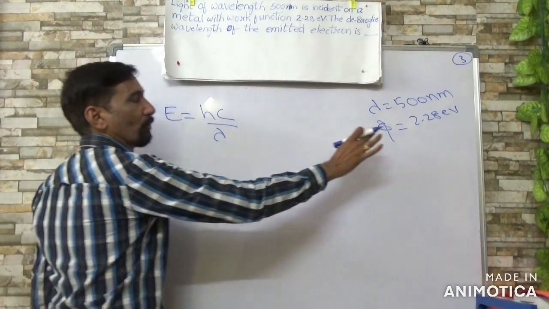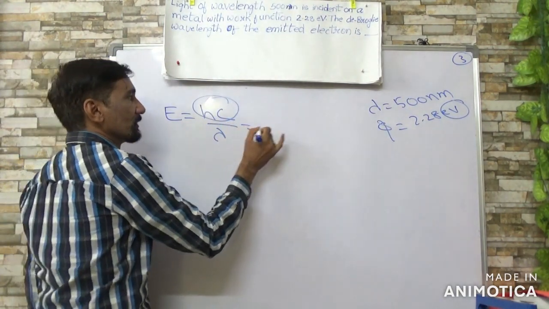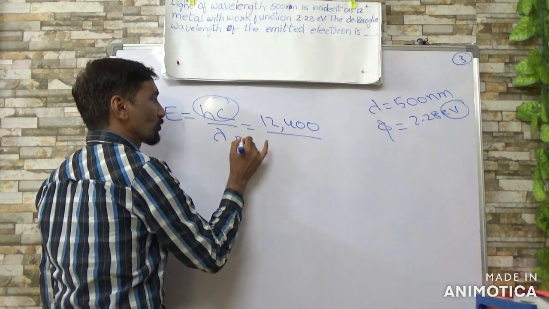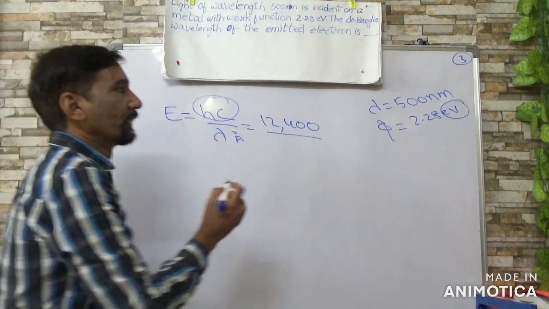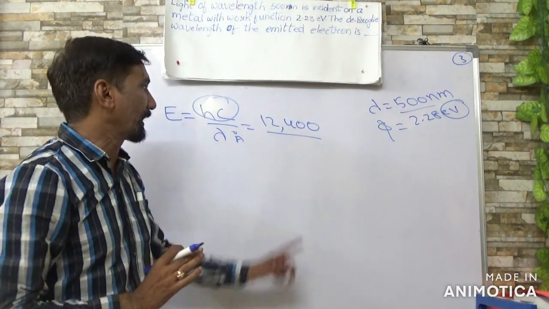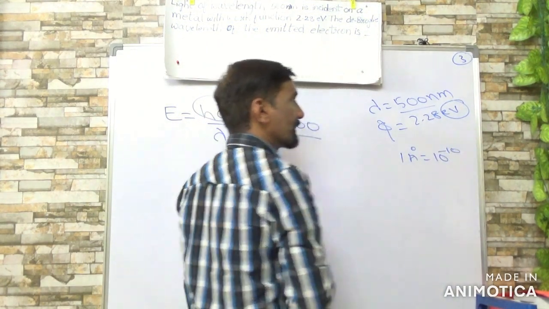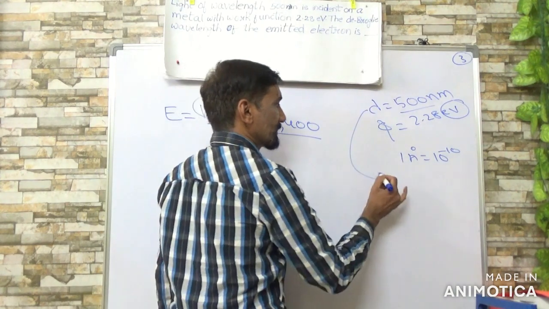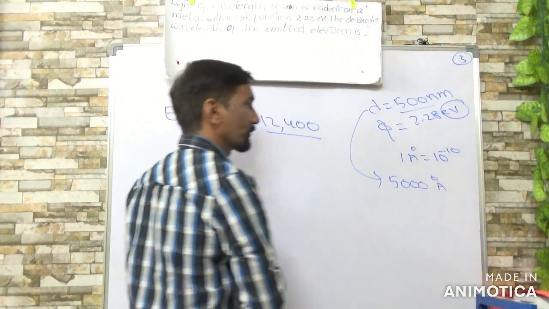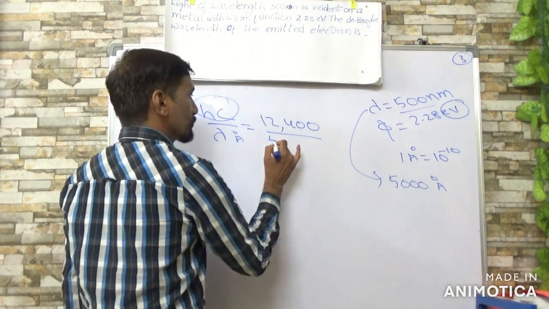Remember, whenever you want to get energy in eV, you better take this product 12,400, and wavelength must be taken in angstrom. Here the wavelength is 500 nanometers, so you require one more 10 for angstrom. 1 angstrom equals 10 power minus 10, so 500 nanometers can also be taken as 5,000 angstrom.